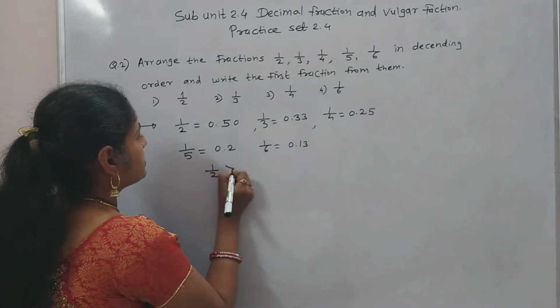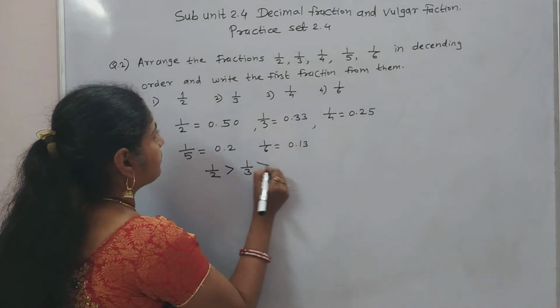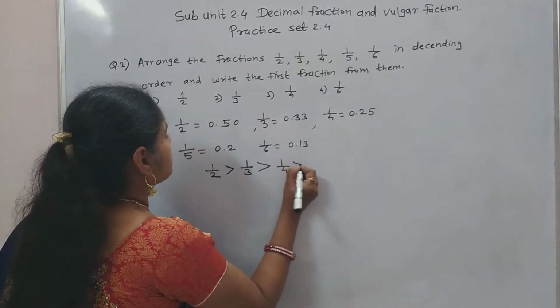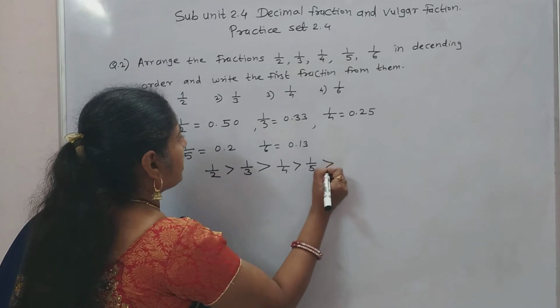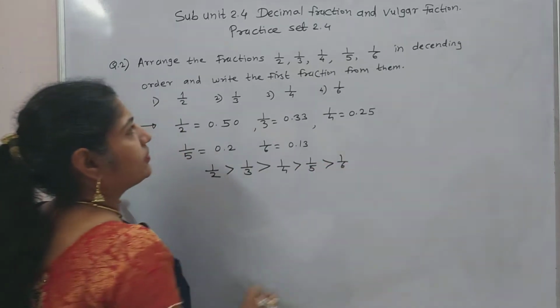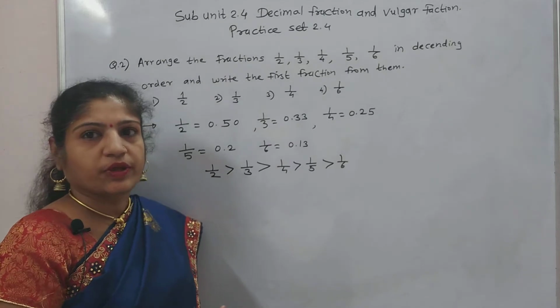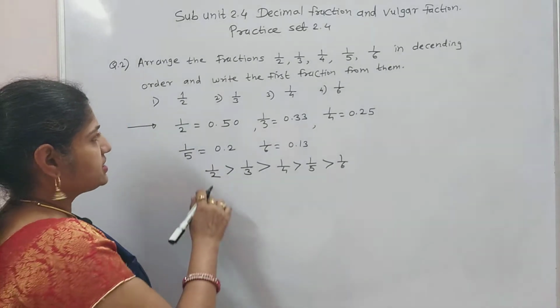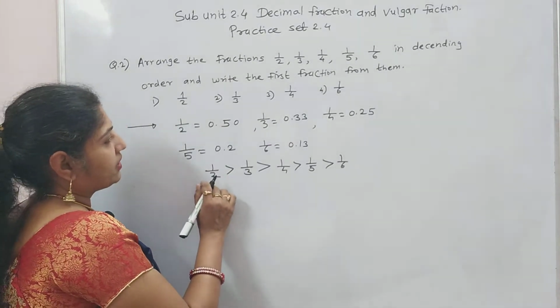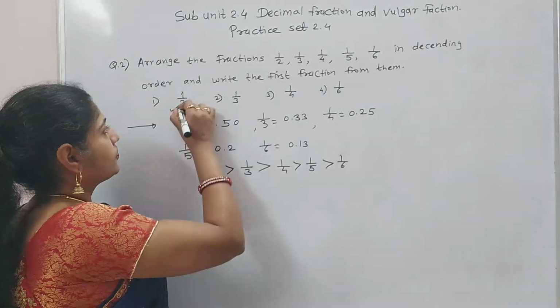One half is greater than 1 upon 3, which is greater than 1/4, which is greater than 1/5, and 1 upon 6 is the smallest number. Descending means higher to lower number. So our answer is first number 1 upon 2.